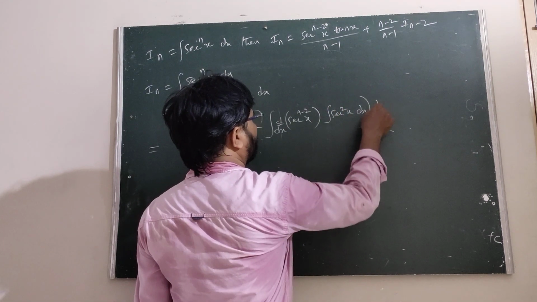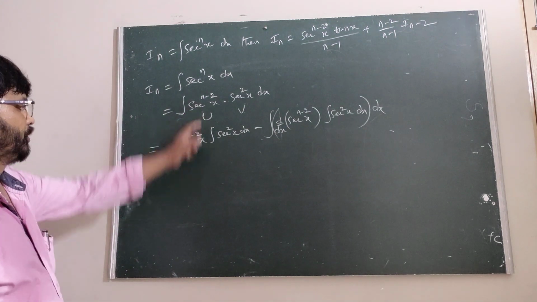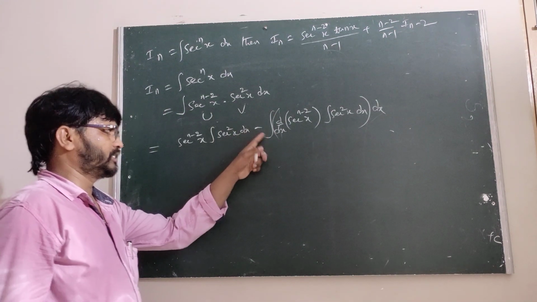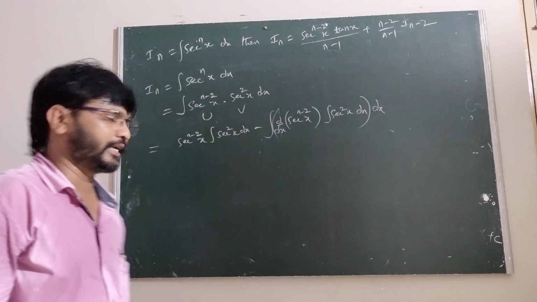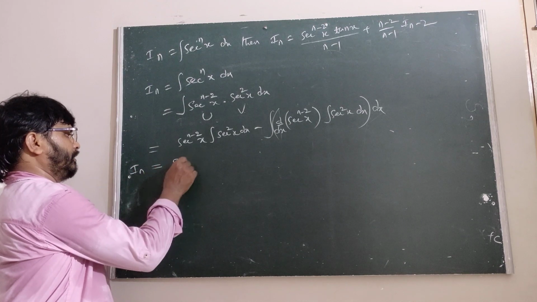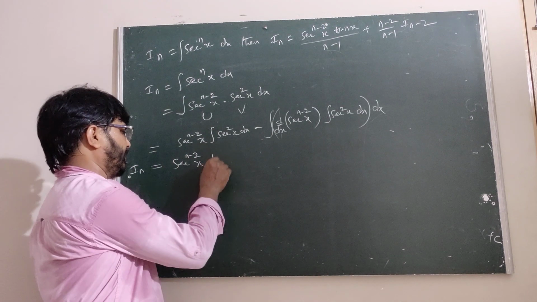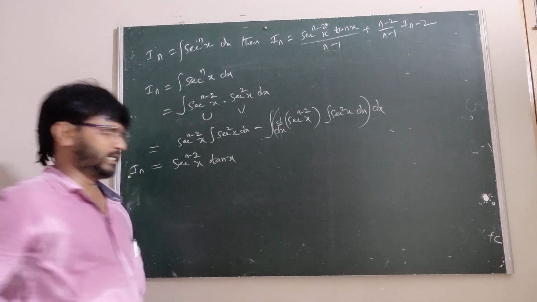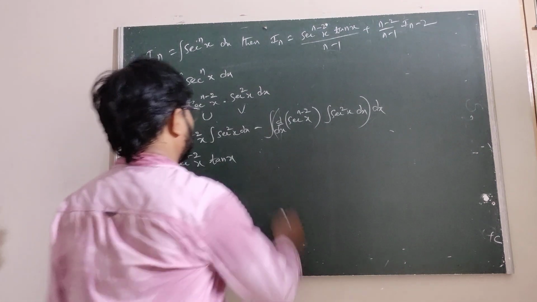This is the first step. Now this is secant power n minus 2 x into tan x, since the integral of secant square x is tan x.